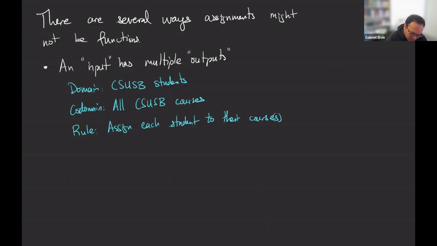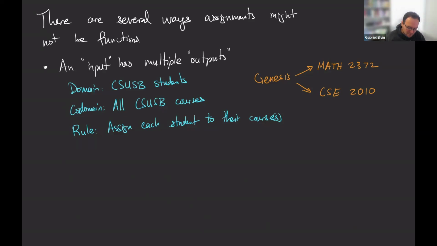So, for example, if a student, Genesis, is taking Math 2372, and maybe they're also taking CSE 2010, here Genesis is being assigned to multiple things, so therefore it's not a function.